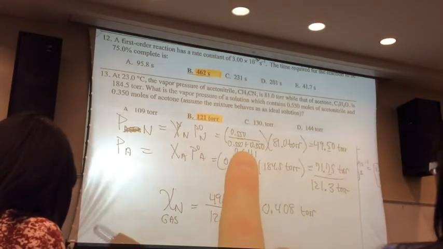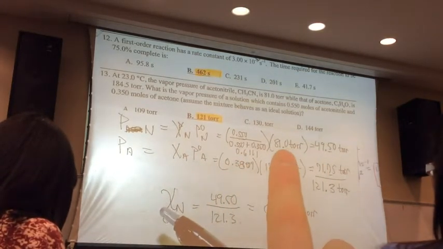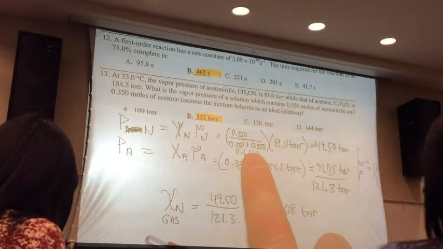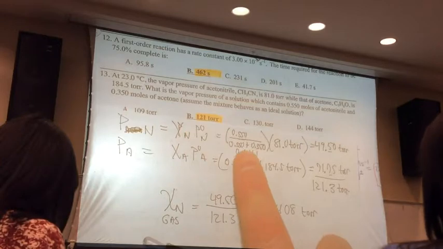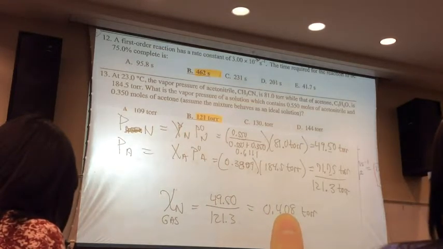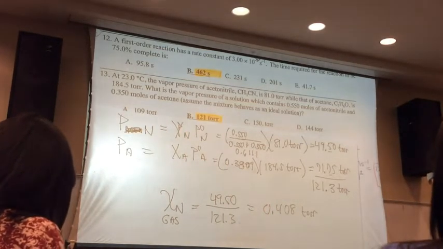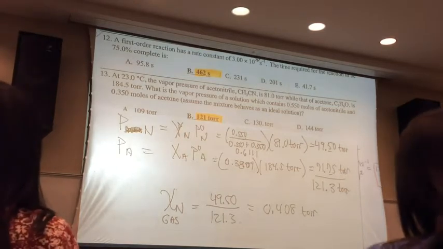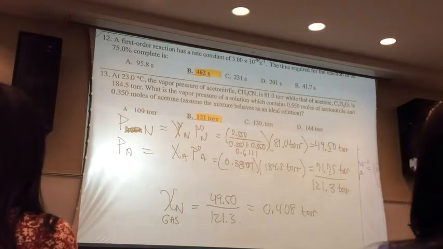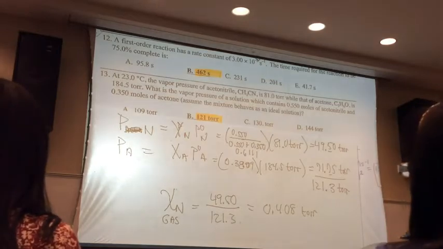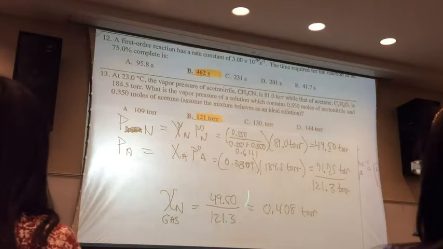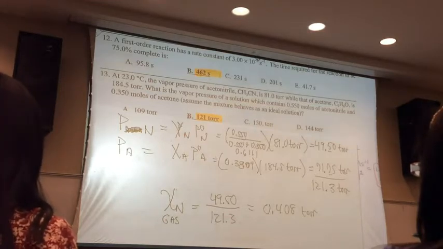So in solution, this is the less volatile species, and in solution it's 0.6, and in the vapor phase it's only 0.4. So the less volatile thing is decreased in concentration in the vapor phase. You don't have to do that for this problem. Just reminding you that partial pressure divided by total pressure gives you the mole fraction in the vapor.